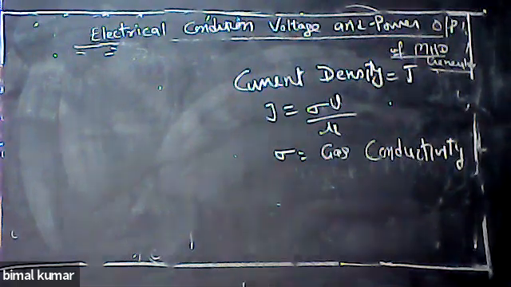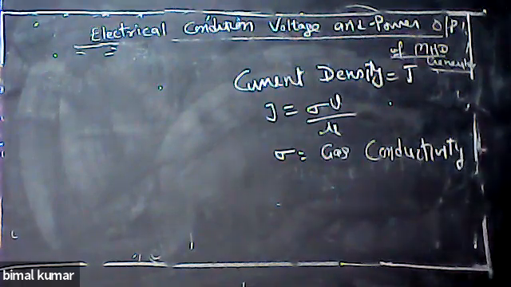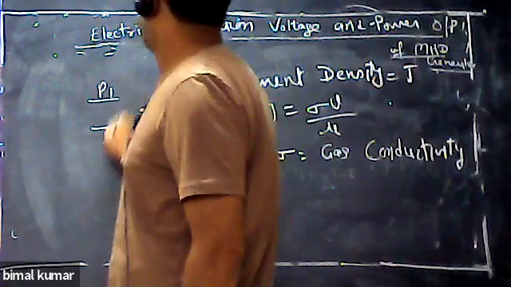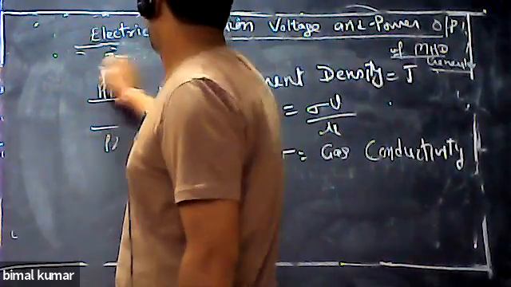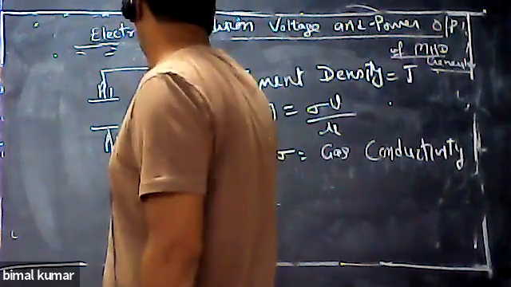Then when the current I is flowing across the load resistance RL, let us say these are your plates P1, P2, and here is your load RL.